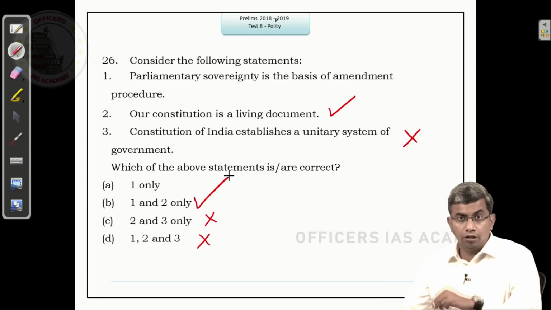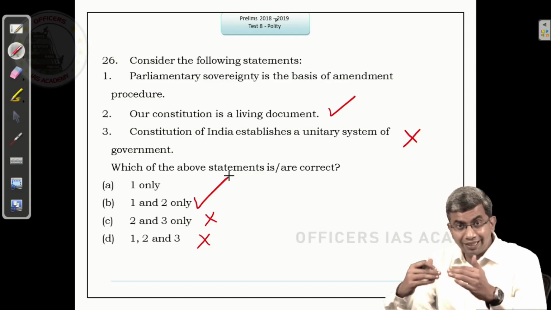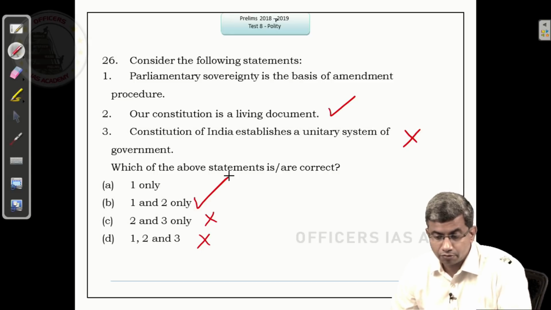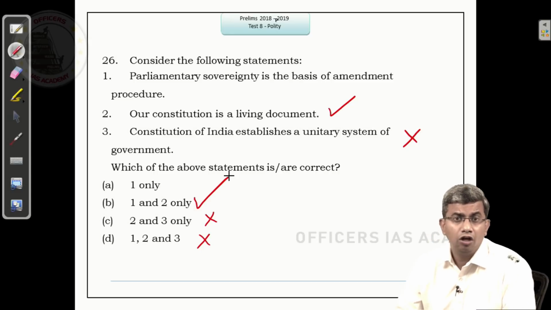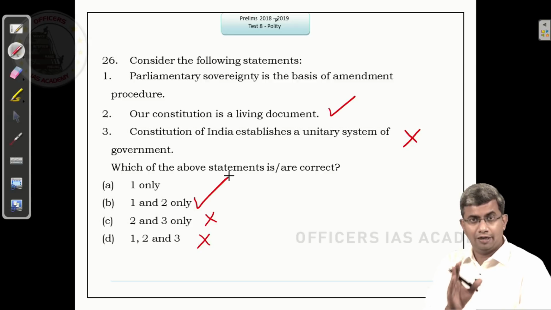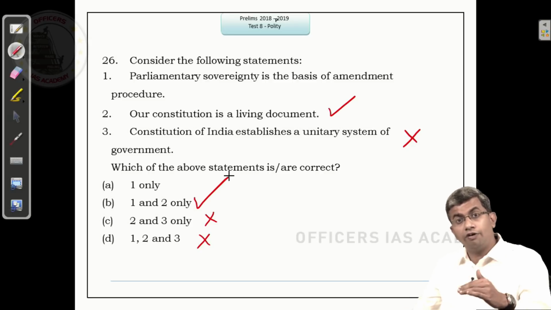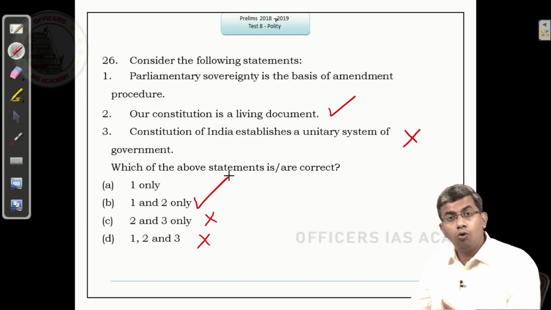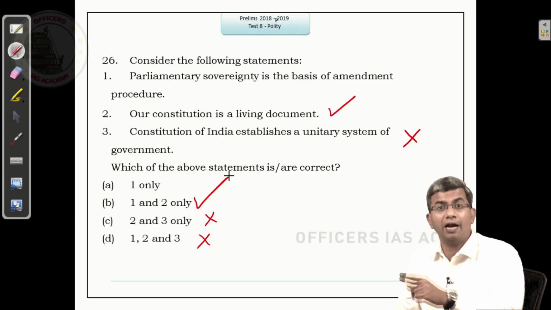And conceptually, in the context of this question, parliamentary sovereignty, don't get confused. Oh, in India constitution is sovereign, how can parliament be sovereign? It doesn't say parliament is sovereign in just simple two words. It says parliamentary sovereignty is the basis of the amendment procedure. Who can amend the constitution? Only the parliament.